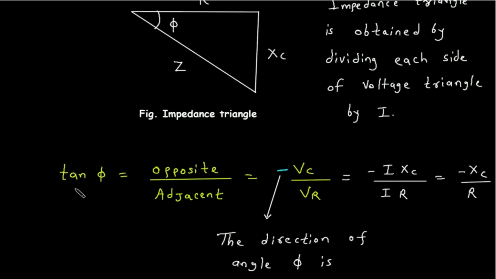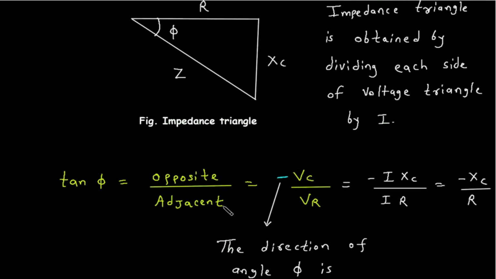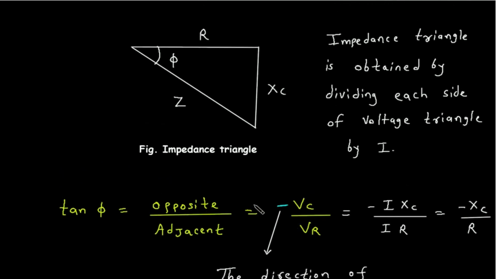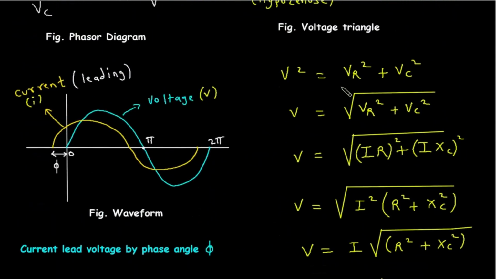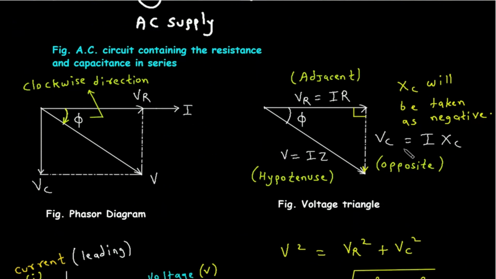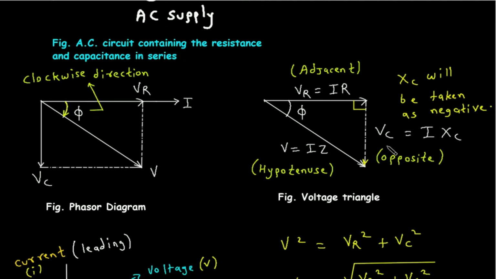Now tan phi is equal to opposite side upon adjacent side. So the opposite side is minus VC. Here we can see that opposite side is this minus VC. So this VC is in the downward direction, so this will be taken as minus.